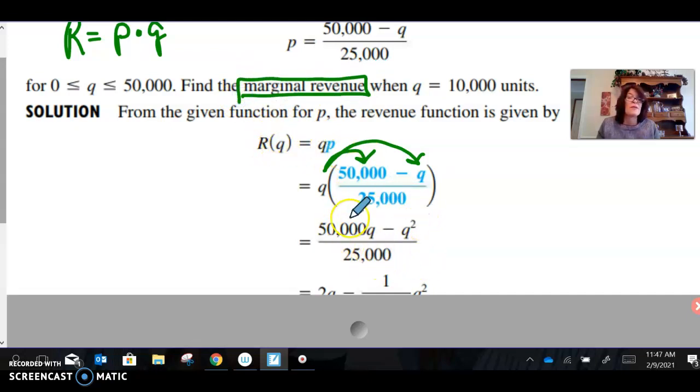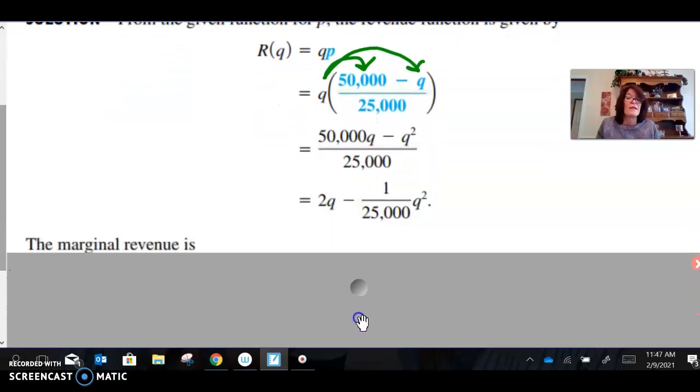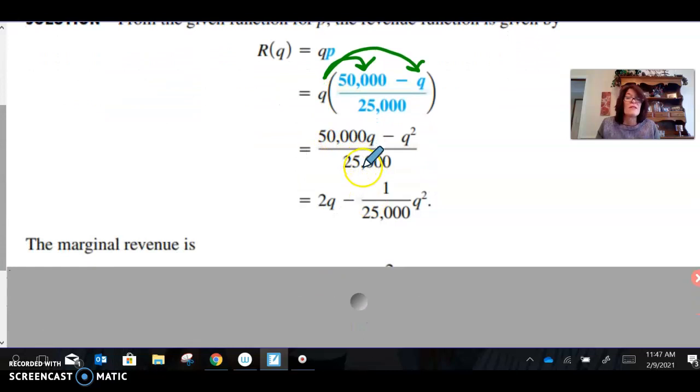I'm going to have to rewrite this so I can write it as a difference. 50,000 divided by 25,000 is 2. So that's the 2Q minus 1/25,000th Q squared. We put the 25,000 under each of these. Now I'm set up to take the derivative.